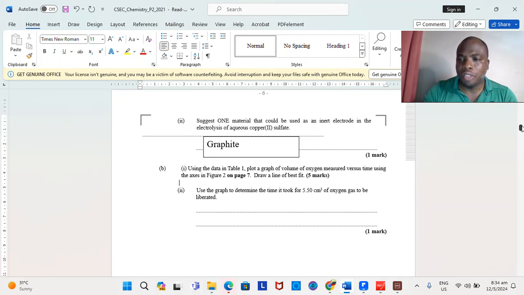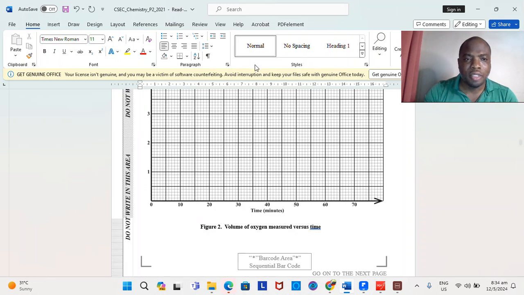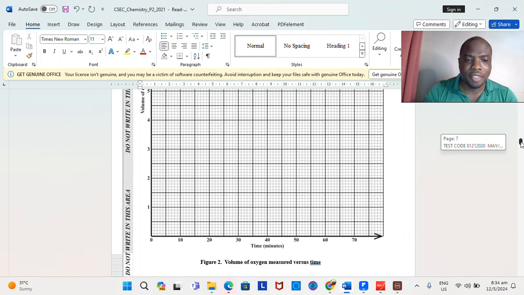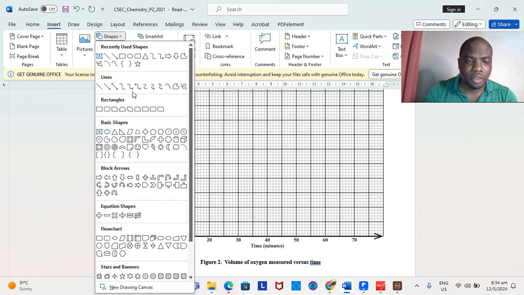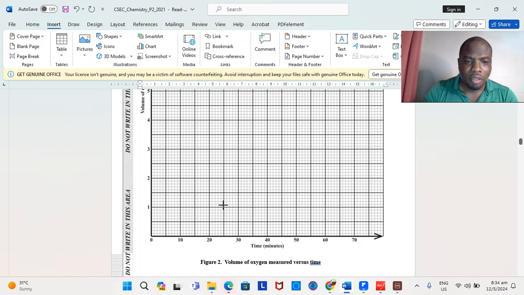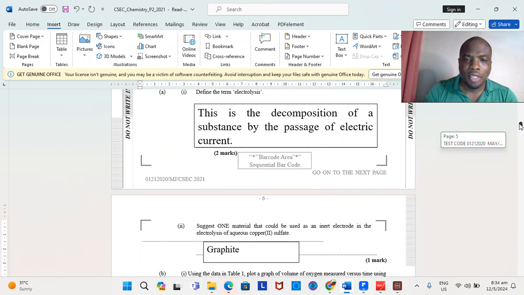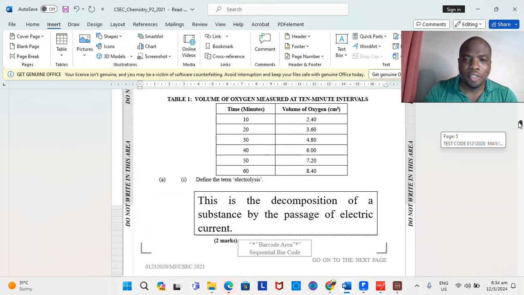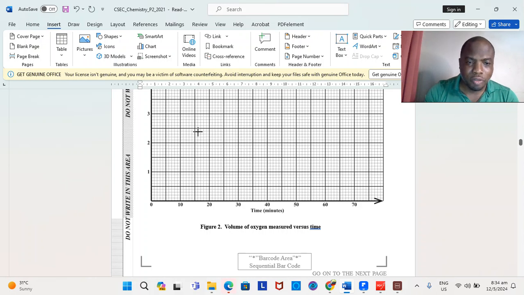So I'm jumping to that graph to deal with, say, the 10 minutes. It would have been 2.4. So 2.4 would have been somewhere right here.